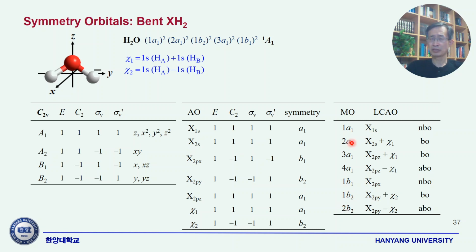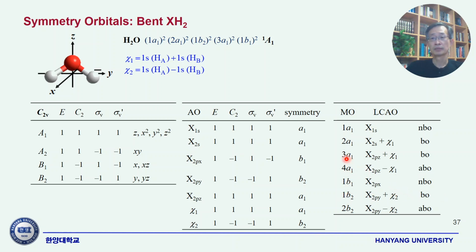So in terms of increasing energy, 1A1 and 2A1, and that's bonding. And then 1B2. 1B2 is lower, it's also bonding.